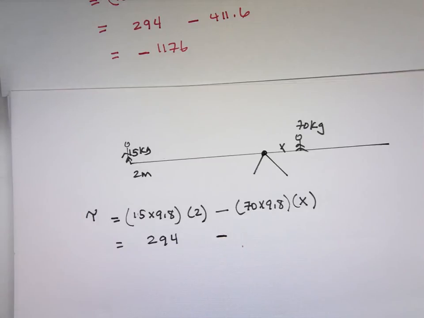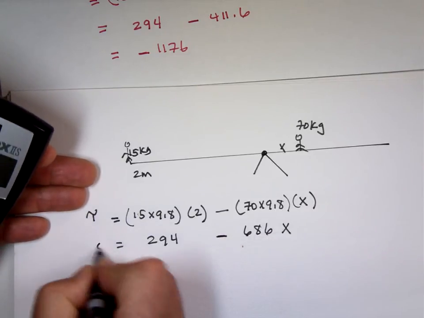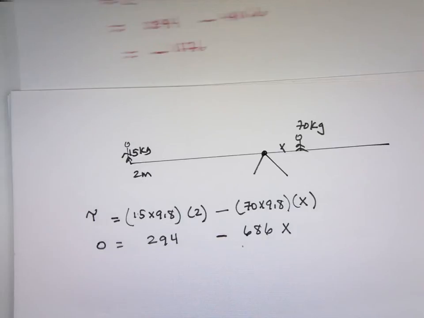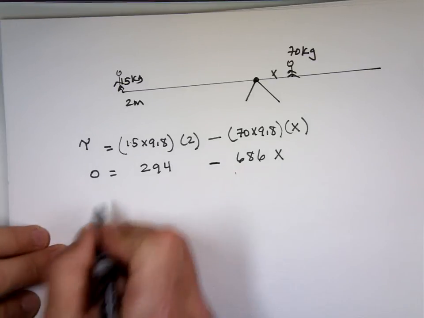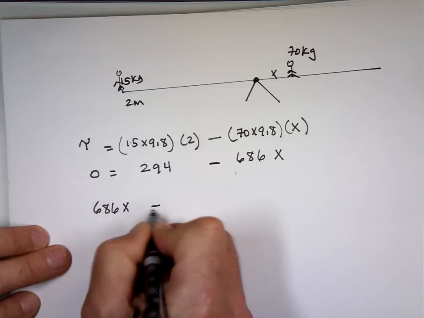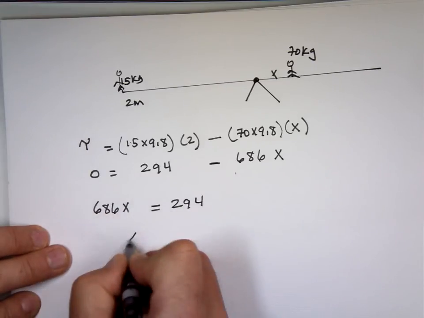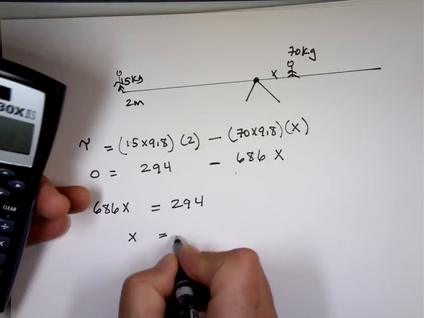70 times 9.8, that's 686x. You want the net torque to be 0, so you can play there. 686x equals 294. X should be what? 294 divided by 686, which is 0.43 meters.